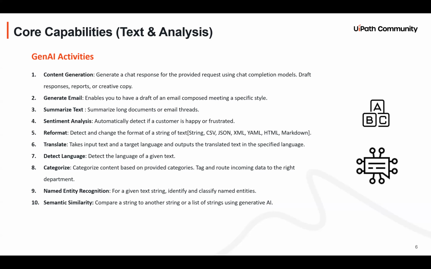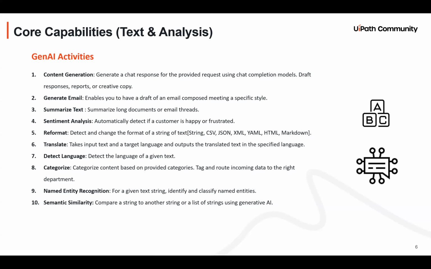Then we have the categorize activity. Again, this activity is quite useful when we are not sure about the rules. Like we have multiple user-facing inputs, basically emails, so we might not get a predefined or fixed subject or body.